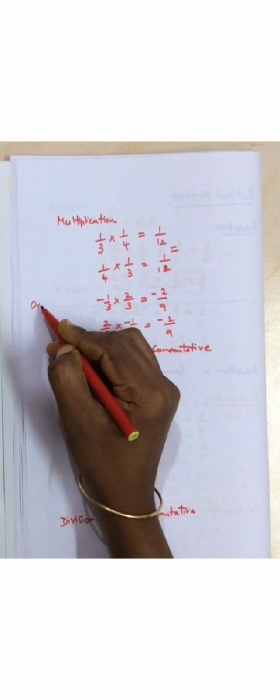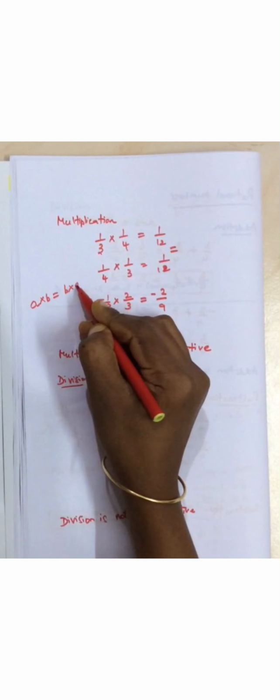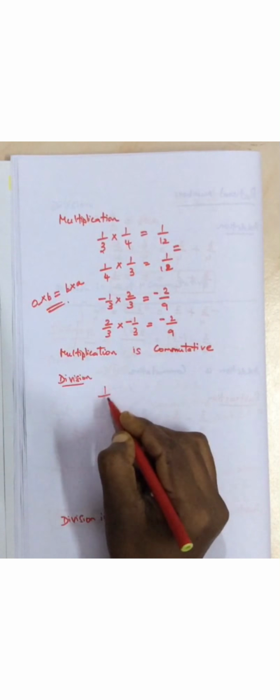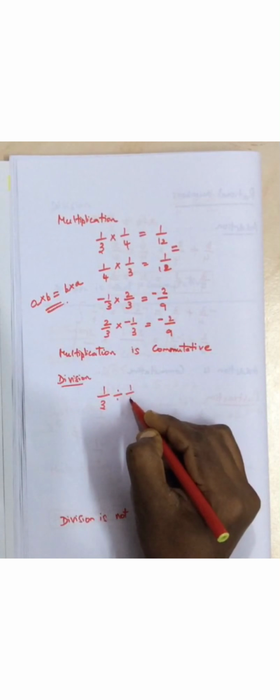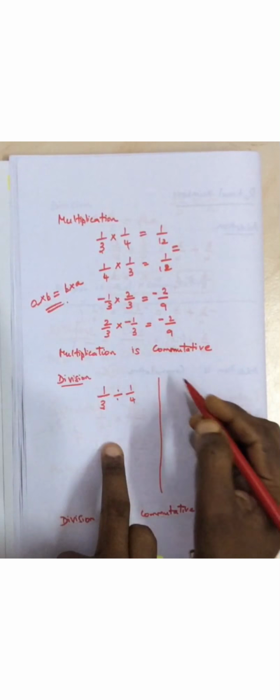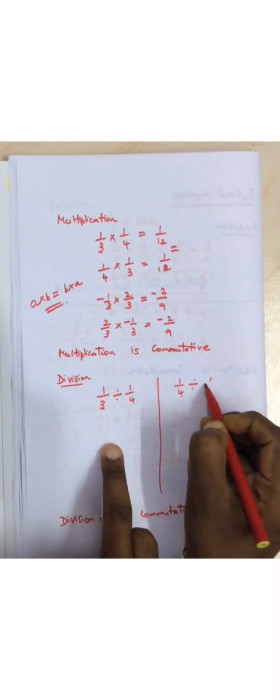So if a is a rational number and b is a rational number, then a multiplied by b is equal to b multiplied by a. The last case is division. In division, if you take a rational number 1 divided by 3, and you divide it by another rational number 1 divided by 4, now we have to check what happens if you interchange: 1 divided by 4 divided by 1 divided by 3.